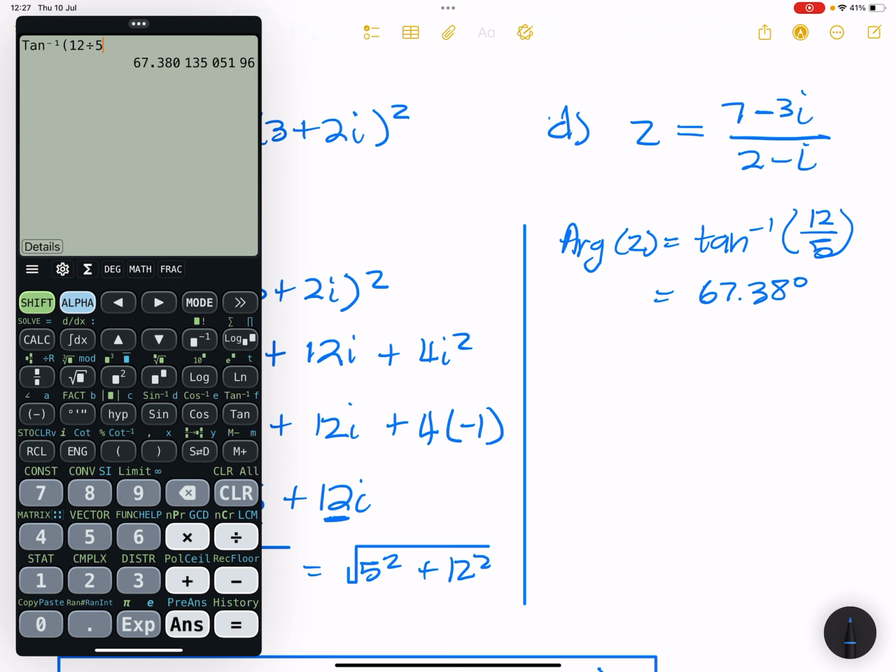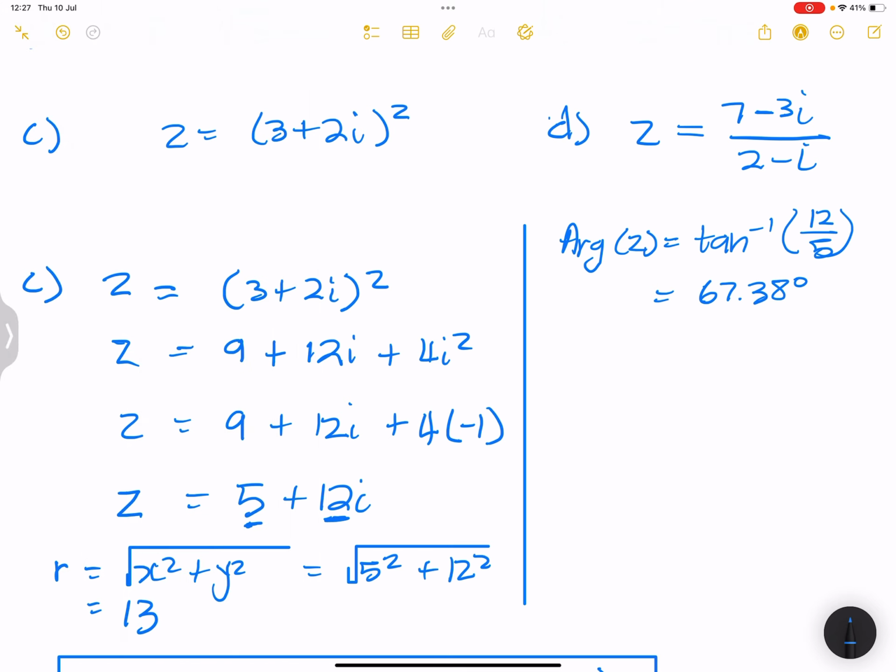degrees. Now, to write it in polar form, we've got r, we've got the argument. So z in polar form, remember r cis, right? That's going to be r, the cos of theta plus i, the sine of theta. That's the polar form version of it.